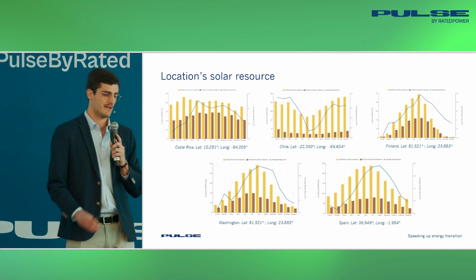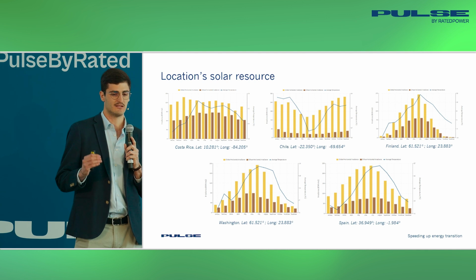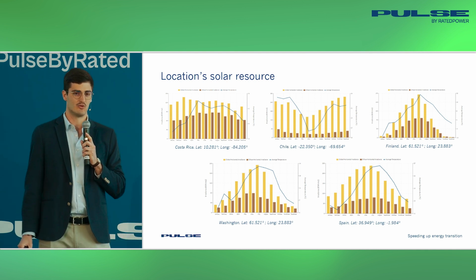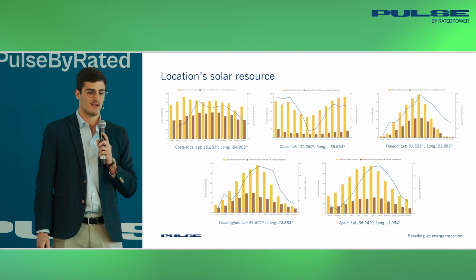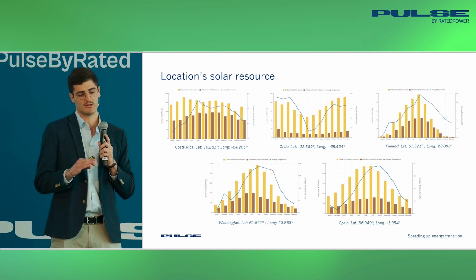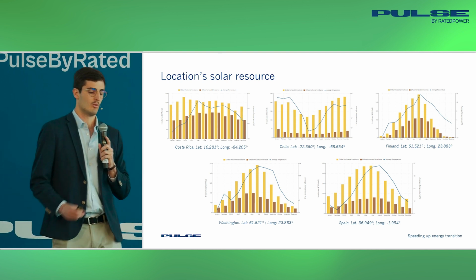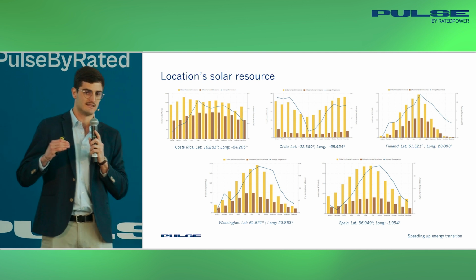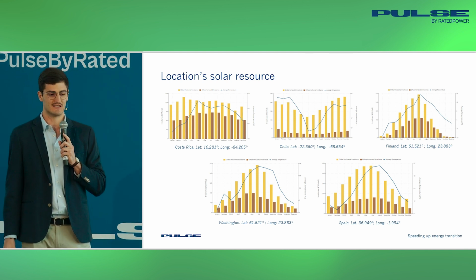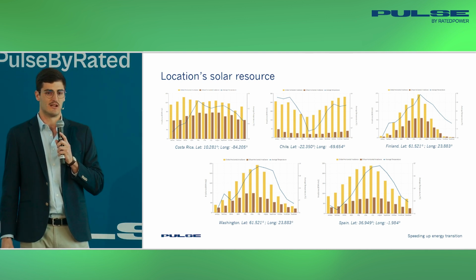Then Washington and Spain look like more temperate climates. The distributions are quite similar. And for Finland, the distribution is also similar, but we will see that the amount of irradiance is much lower as we are in the Nordics, and also the temperatures are lower.